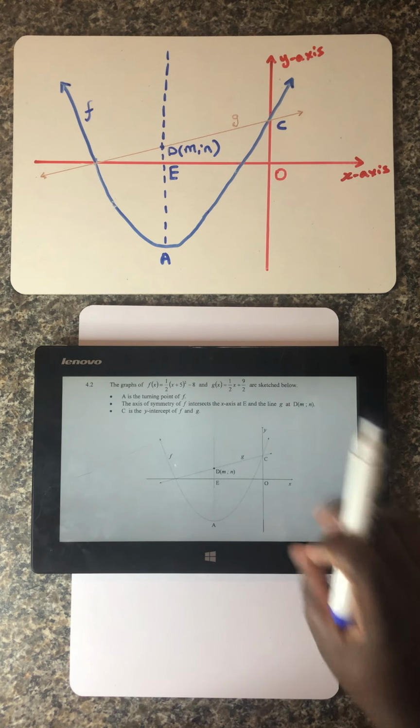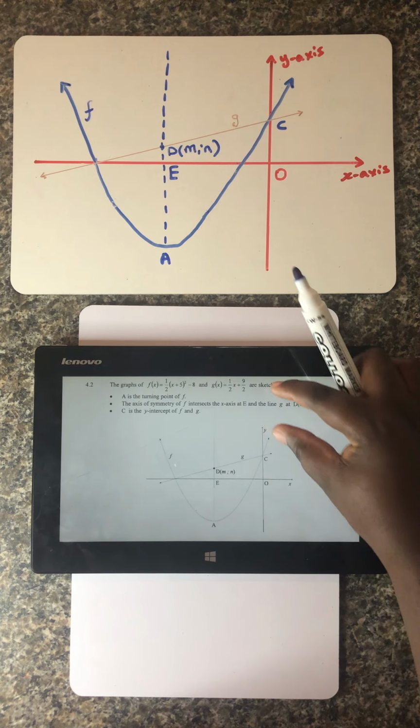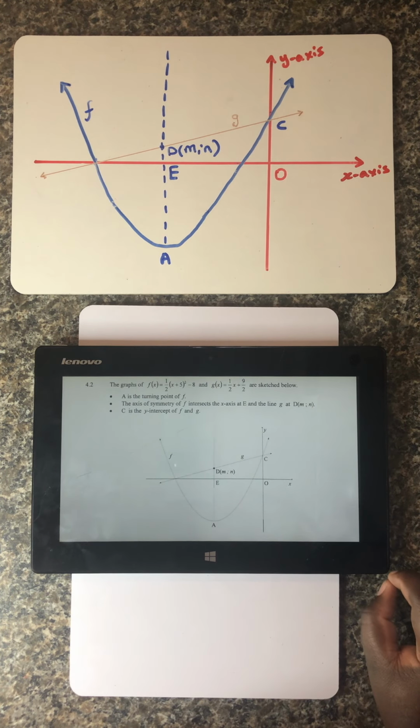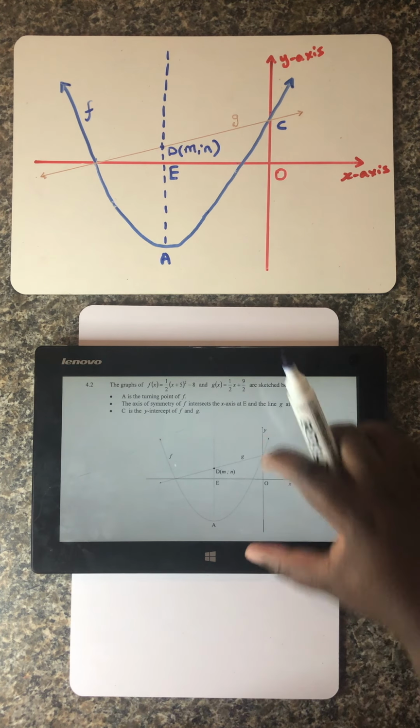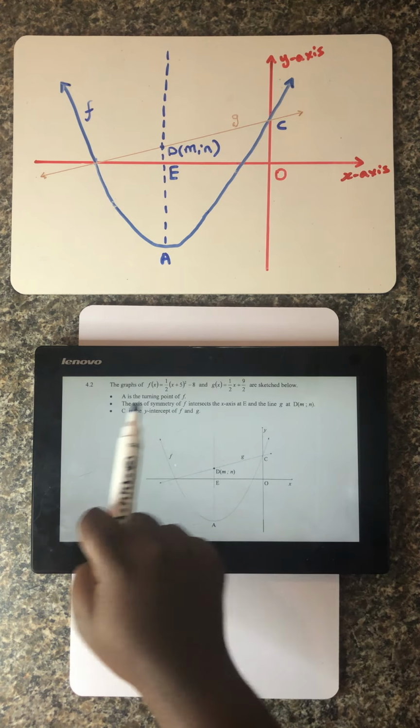From there, you can have a look at the sketch or the diagram. As I always say, in most cases the given statement talks about the given sketch, and the sketch is a representation of the given statement. Whatever you read there is represented in the form of a sketch or diagram.